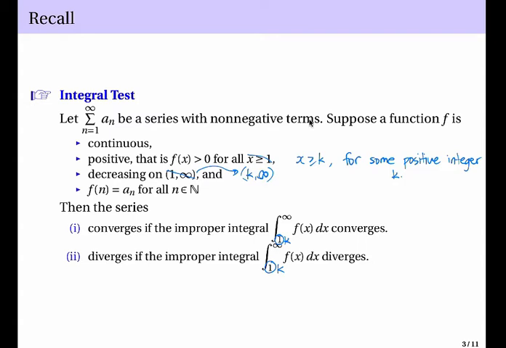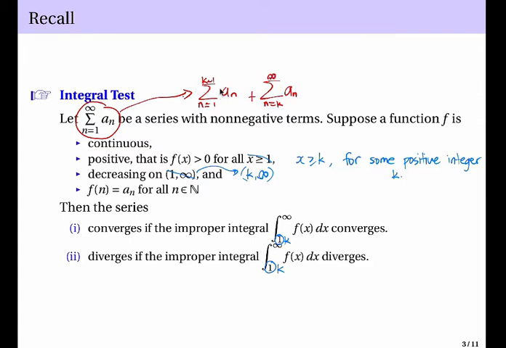Okay? So the reason we can change this condition is that, take note, we can decompose the series into the sum of a sub n from 1 up to k minus 1, plus the sum of a sub n from k to plus infinity.